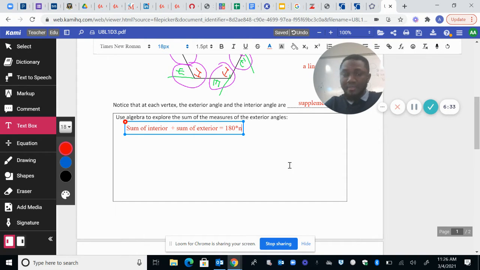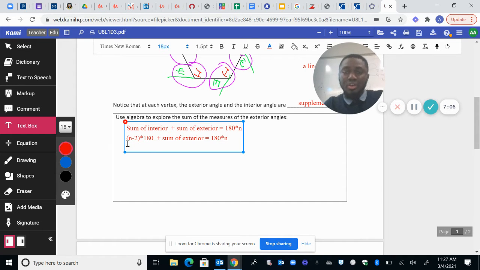Then we know the sum of interior to be n minus 2 times 180. We don't know the sum of exterior, so we maintain it, and we equate this to the same 180 times n.